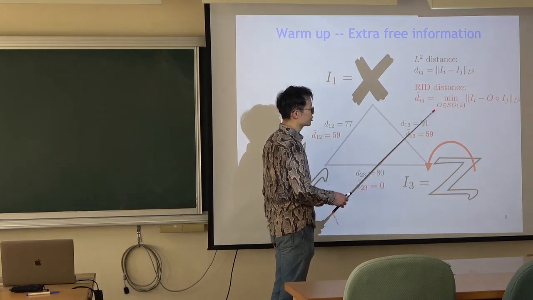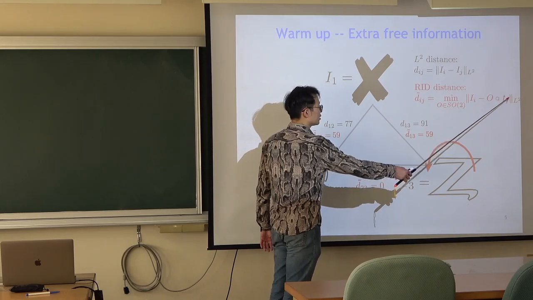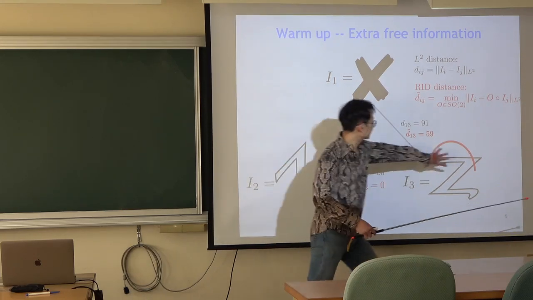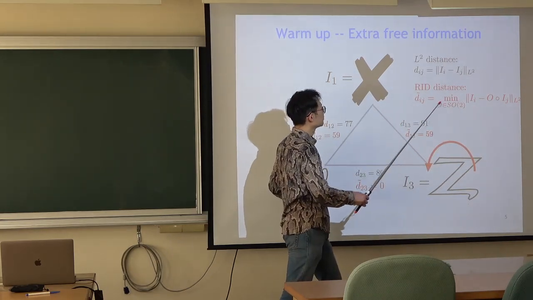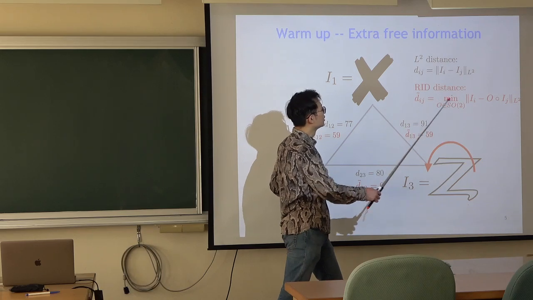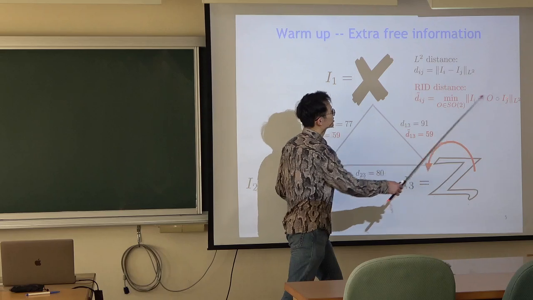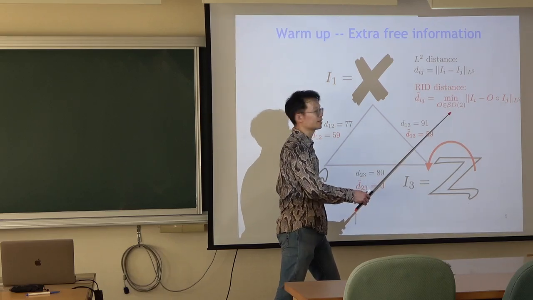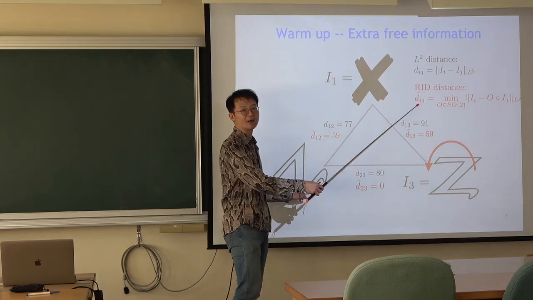You find a rotation and act on Ij with it, that is, rotate it a bit and do the comparison, and you find the minimizer over all rotations. Because this is a continuous operator and SO is a compact set, you can always find a minimizer. This is called Dij, the RID distance.